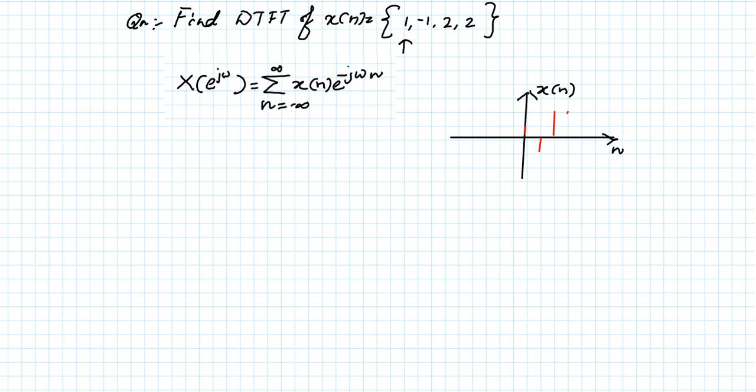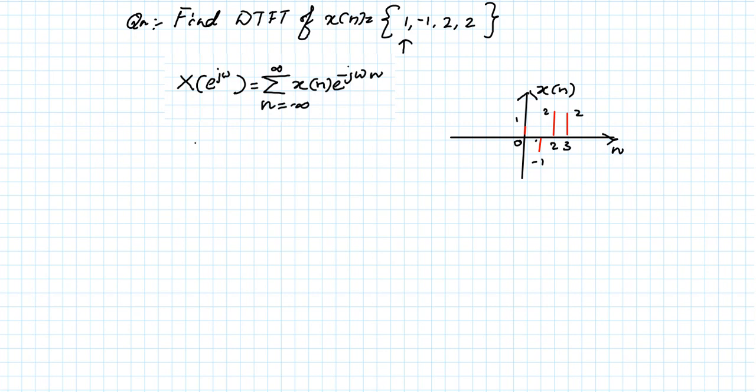That means at n equal to 0 the signal magnitude is 1, and for n equal to 1 the signal magnitude is minus 1. When the index value is 2, the signal value is 2, and when the index value is 3, the signal value is 2. So this is the signal.